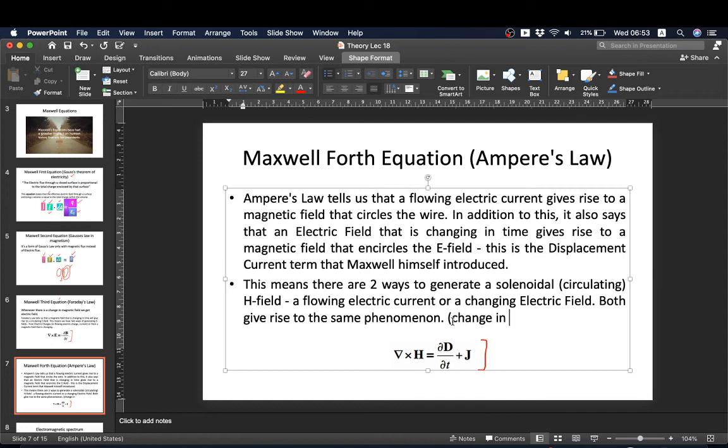Change in electric field creates change in magnetic field.